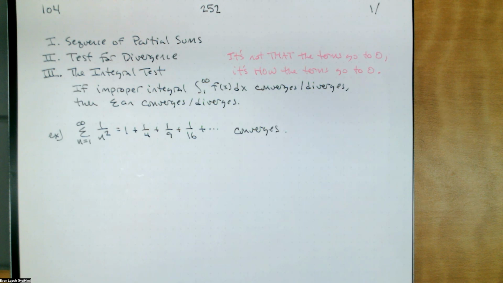If the limit of the terms is not zero, then the series diverges. From this, we get the contrapositive that if a series converges, then the limit of the terms must equal zero. But we don't get the inverse, where if the limit of the terms is equal to zero, the series converges. We don't get that one.